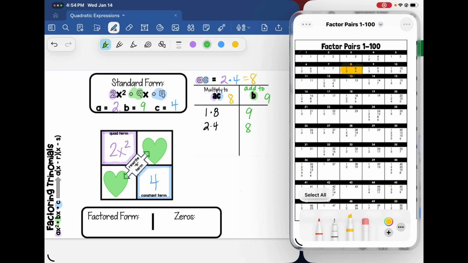That means that I can use these two numbers, 2 and 4, just kidding, 1 and 8, because those numbers add up to 9. So I'm going to rewrite my b term as a 1x and an 8x, because 1 plus 8 will give me 9.